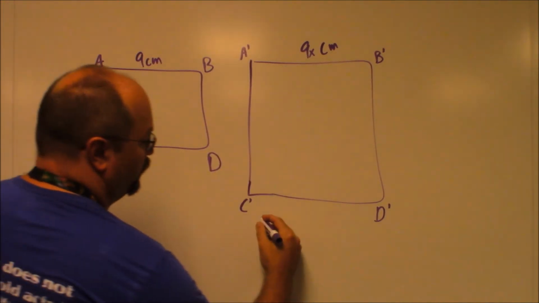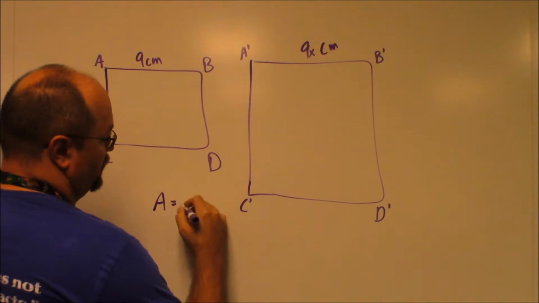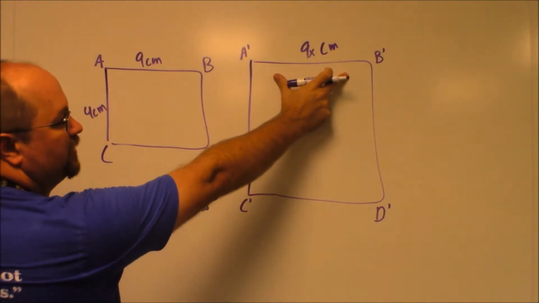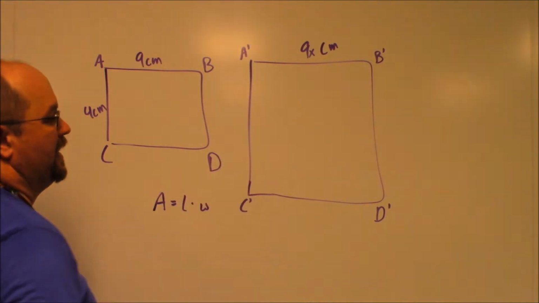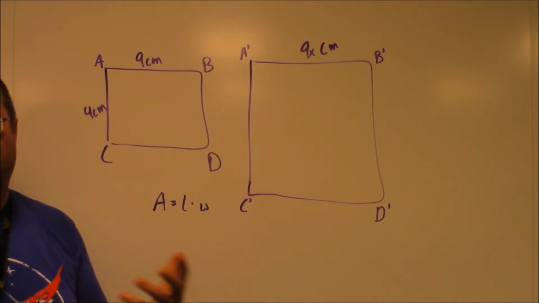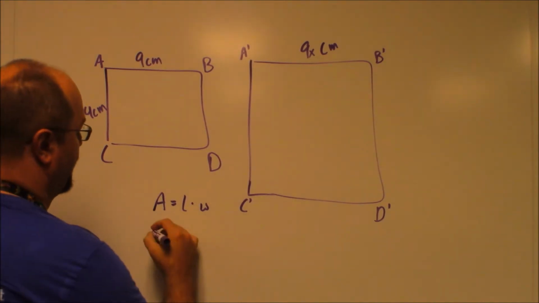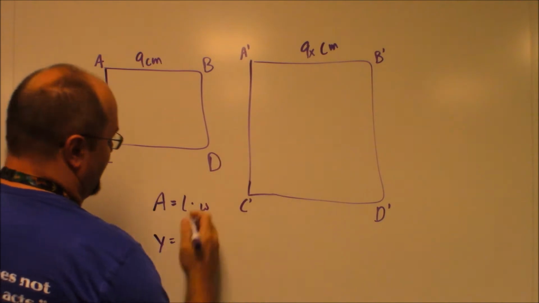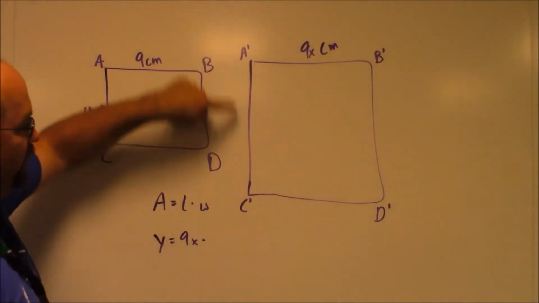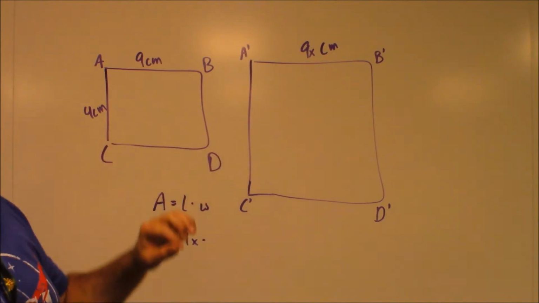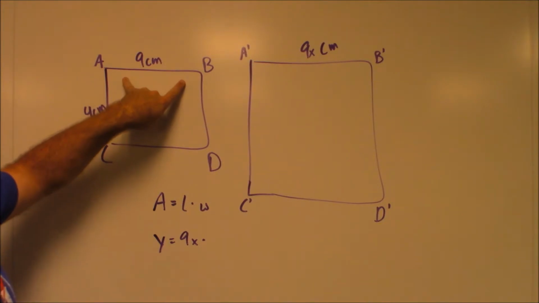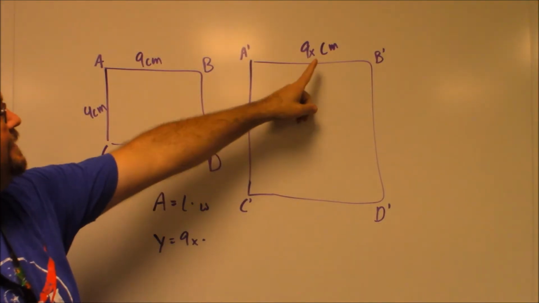Our area formula, we know, is length times width. We're going to use this segment here as our length, and I'm going to replace the A with a y because they have the area represented as the value of y. So we're going to say y equals, and then we've got 9x, and now we have to multiply by whatever this value is. The scale factor from this AB segment to this A'B' segment is x.